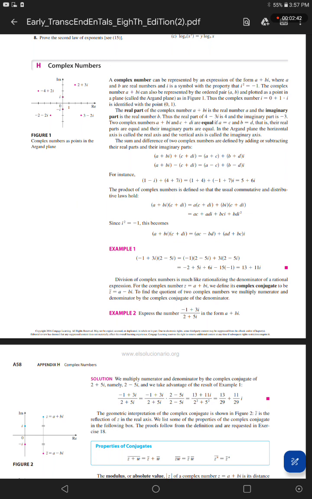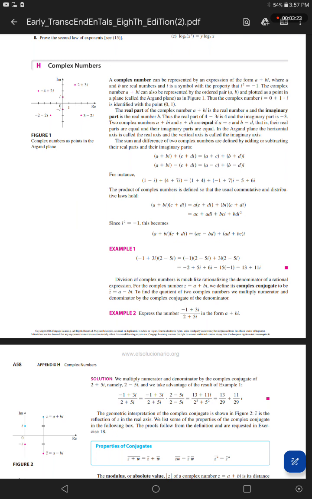For instance, (i minus 1) plus (4 plus 7i) equals (-1 plus 4) plus (1 plus 7)i equals 3 plus 8i.